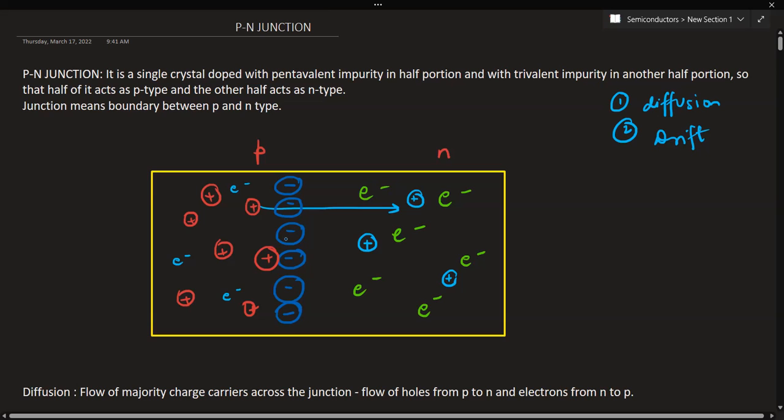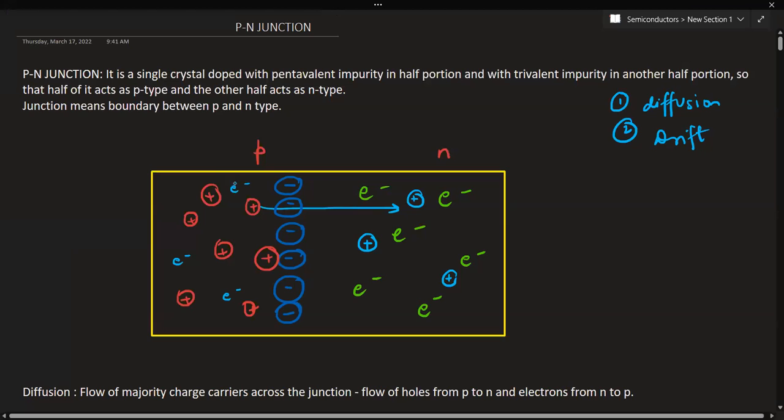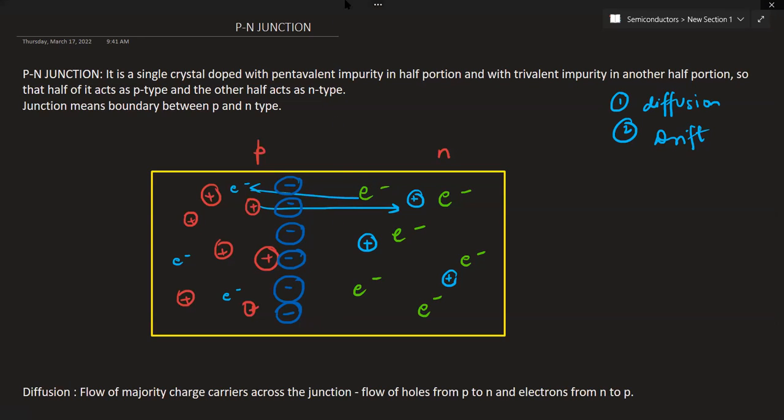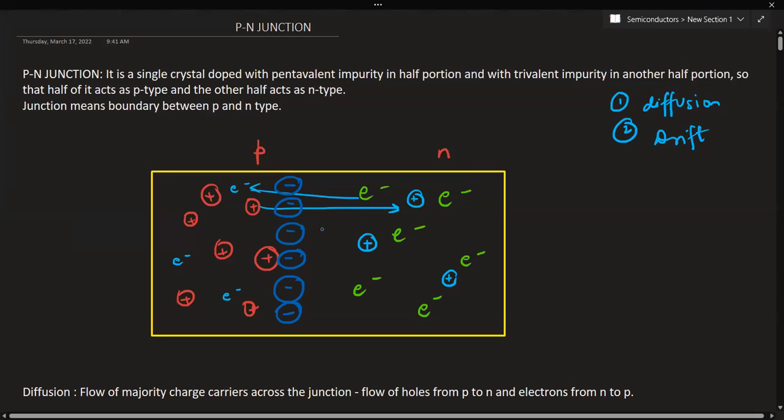Now tell me, as the electrons diffuse from n to p side, what kind of charge will they be leaving behind? Positive charges.